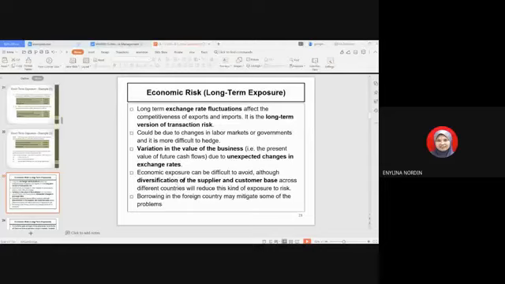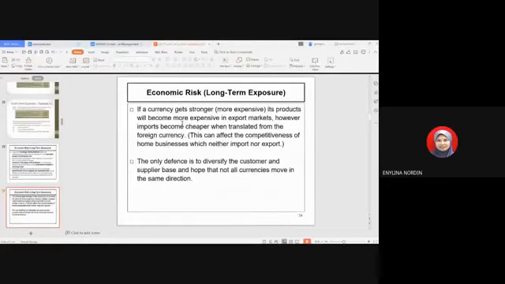That will make it difficult for the company to minimize or to avoid this particular economic exposure or economic risk. Right? Okay.